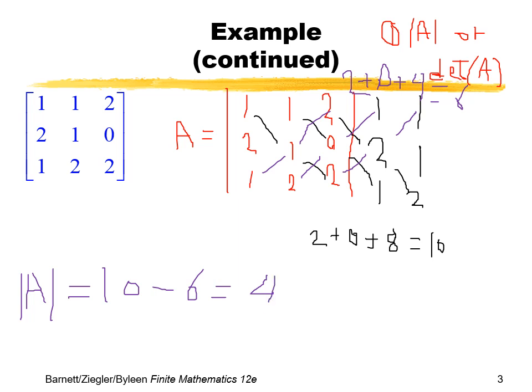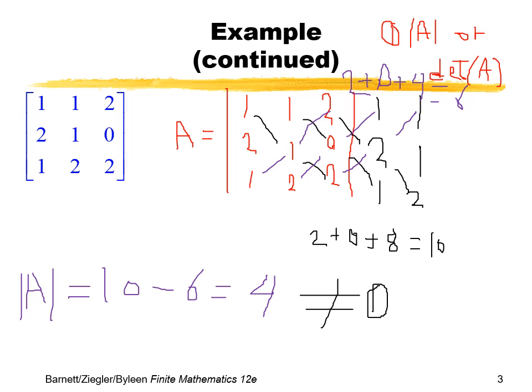The important thing is that it's not equal to 0. It's not a singular matrix, so we have a unique solution. That was the first step, calculating the determinant.